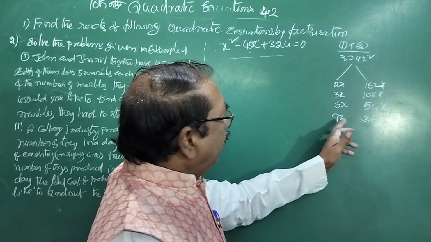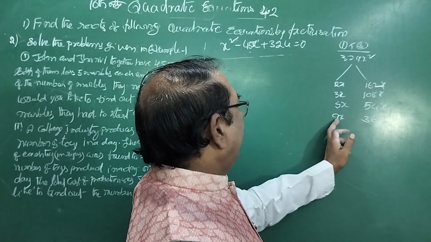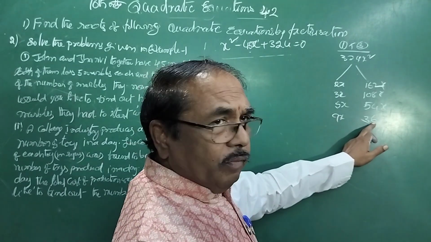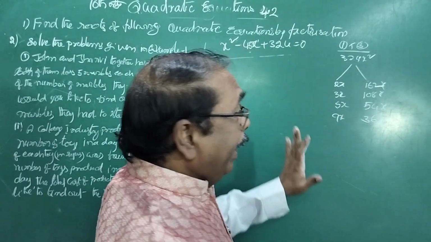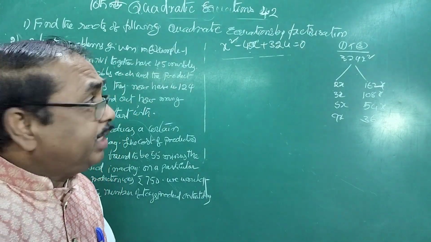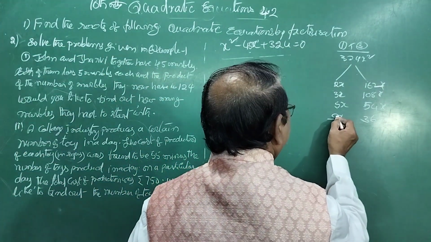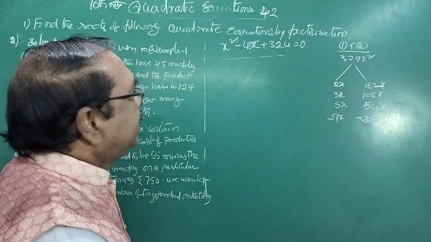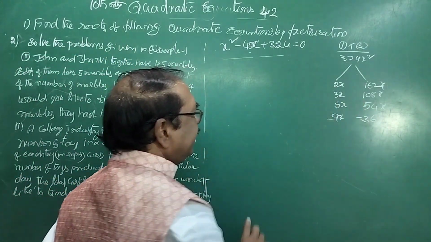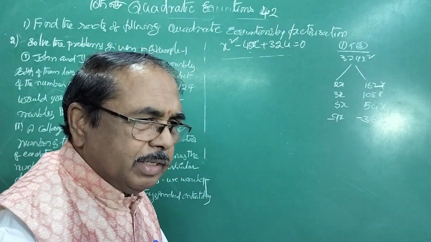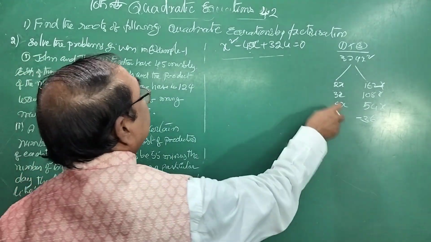Let us add 9 plus 36, 45. Yes, 45 is there, but the sign also must be there, isn't it? Minus 45, so both must be minus: minus 9x and minus 36x becomes minus 45x. Yes, it is suitable.